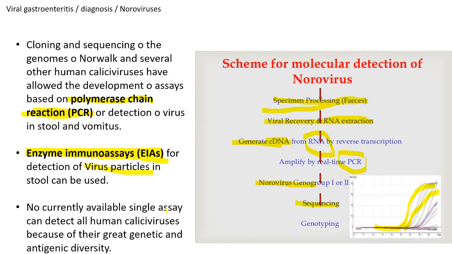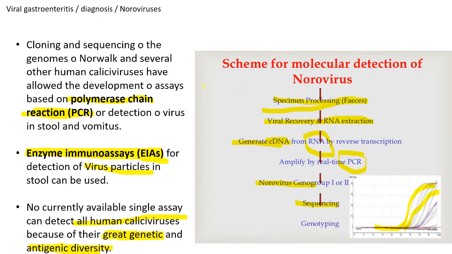But currently, there is no single assay that detects all human caliciviruses because they have genetic diversity. So maybe the primers you use will not amplify because of the genetic diversity of the caliciviruses, and using enzyme immunoassays, maybe you will not find the antigen you're looking for because of the great antigenic diversity.